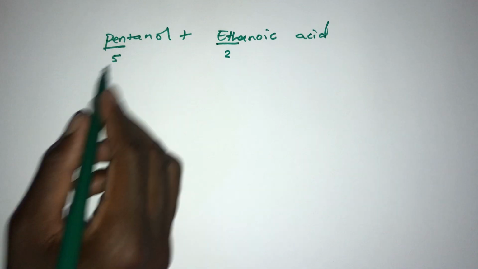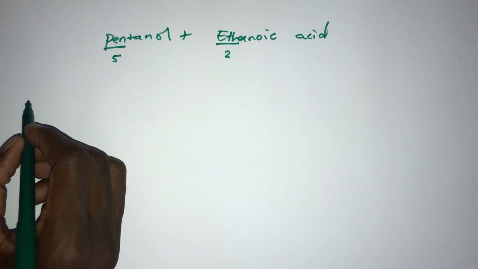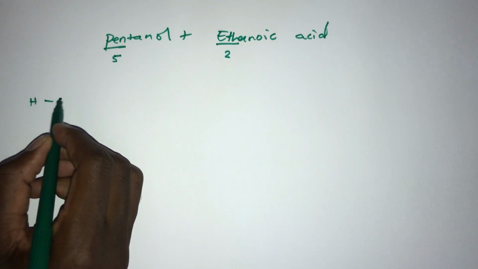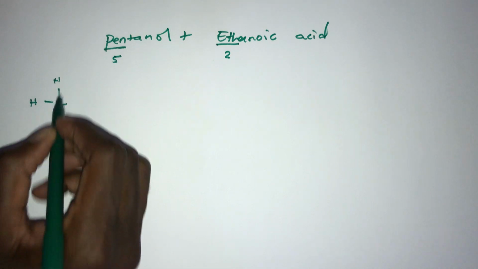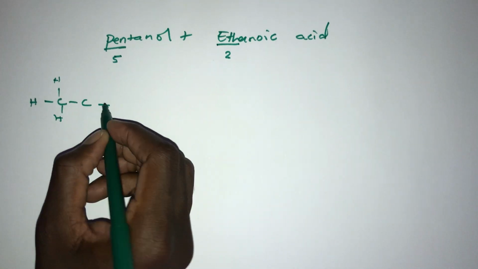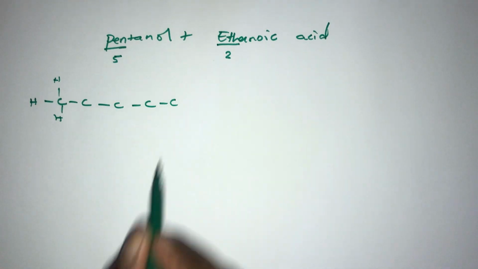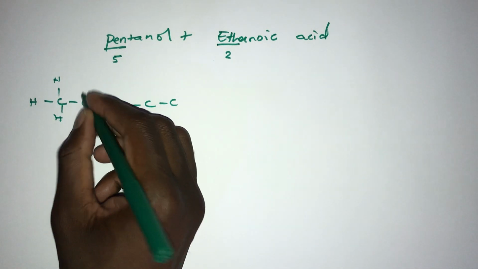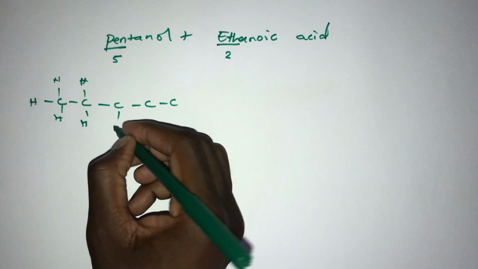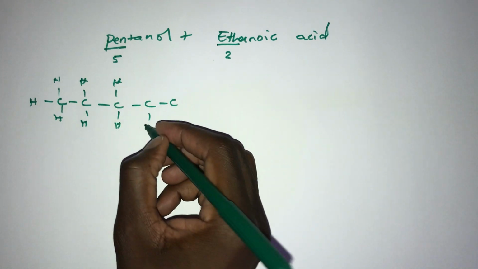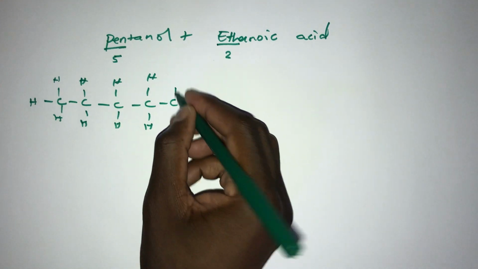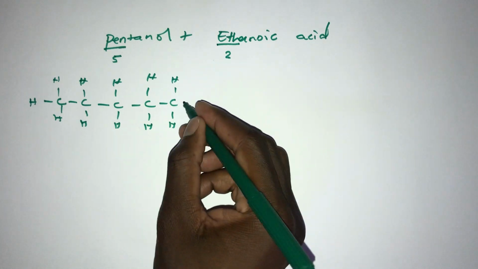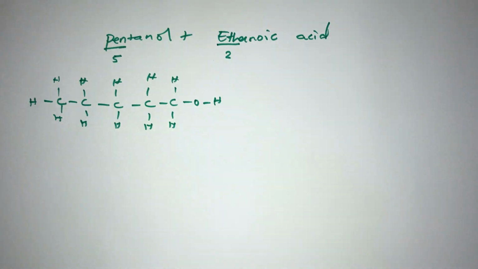So we start with the alcohol now. So the first carbon atom, the second, okay, we must make sure we have 5 carbon atoms. 1, 2, 3, 4, 5. So we write the hydrogen atoms. So this one's going to be OH.